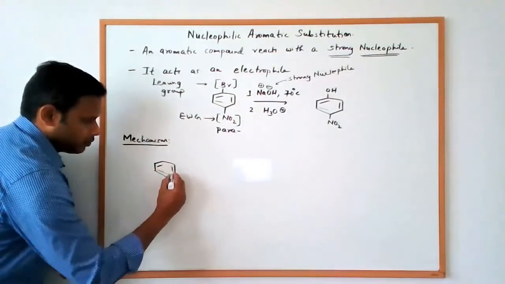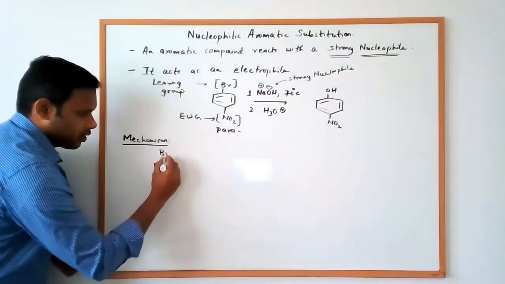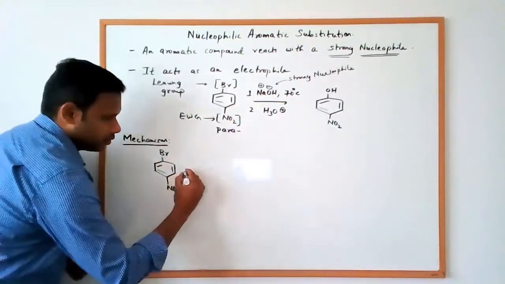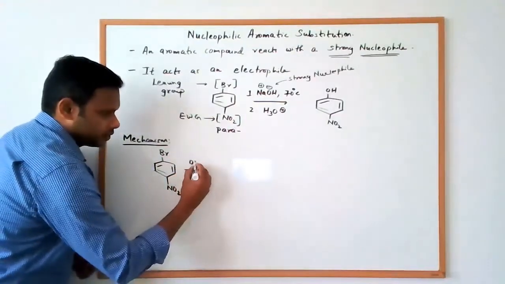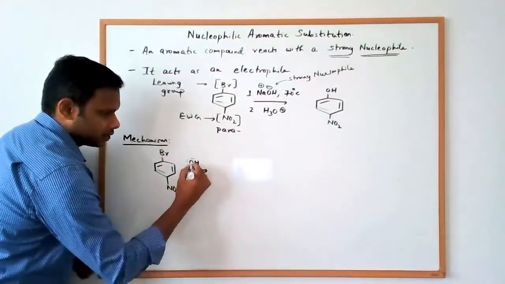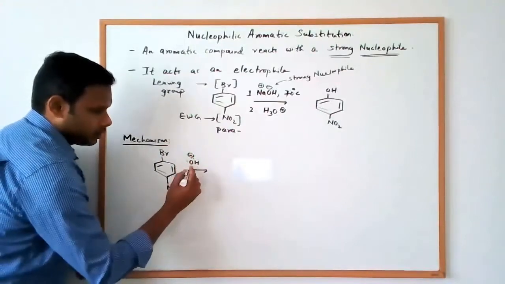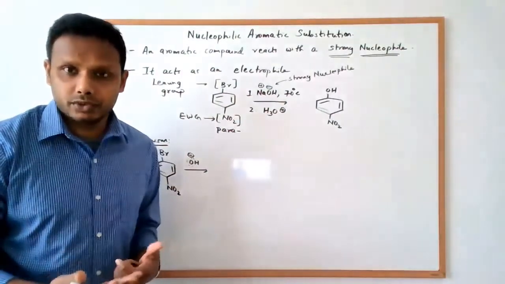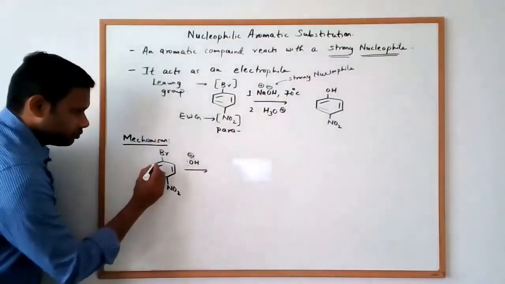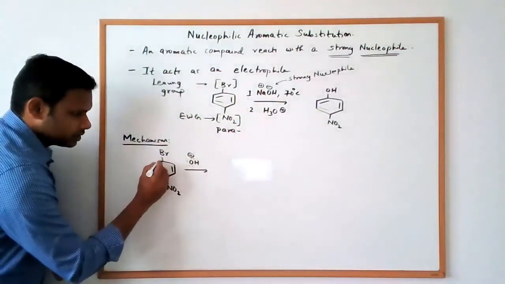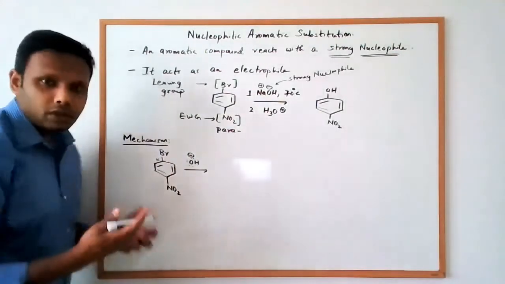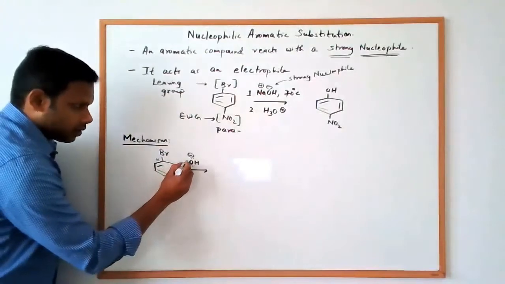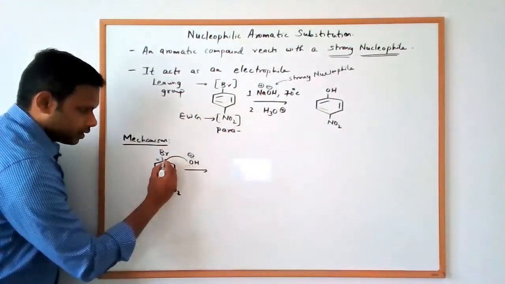So we start with our aromatic compound, and the nucleophile, which is the hydroxide ion, this will attack the alpha carbon, so to speak, here. Okay, and that would be the carbon which is connected to this leaving group here. You can call that an alpha carbon. So the hydroxide goes and attacks that carbon.